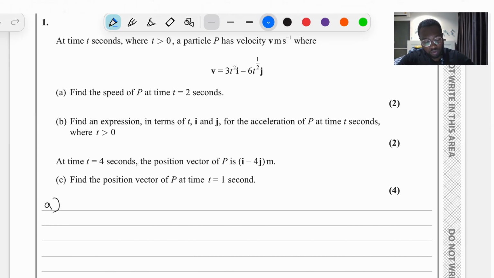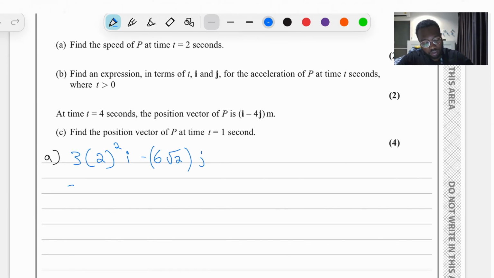If we do that, we get 3 times 2 squared, and we have the i still, minus 6 times 2 to the power half, so let's write that as root 2, and that will all be j. So 3 times 2 squared, 3 times 4, gives me 12i minus 6 root 2 j.